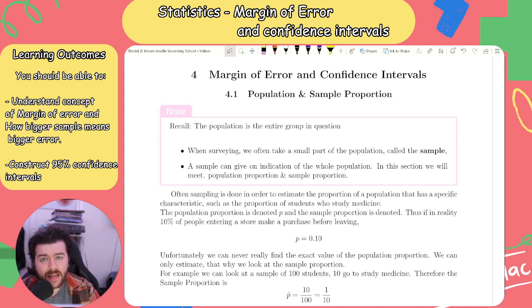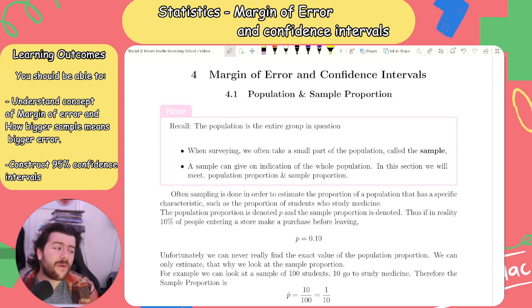Hello everyone. In this video, we are looking at the margin of error and confidence intervals. In statistics, we can never really find the actual mean of anything we study. If I want to conduct a study on secondary school children and find the mean height of second year students, I will have a very hard time calculating that.